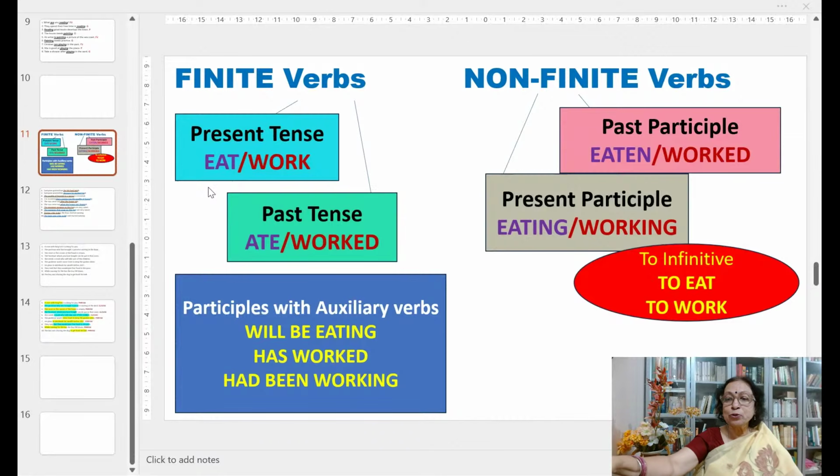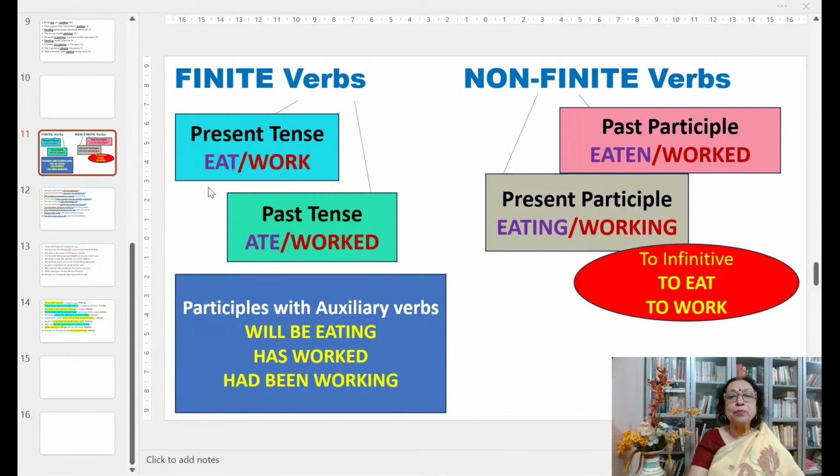Yesterday, I told you that when we use a verb in a sentence, we may not use it as a verb, we may use it as a noun, or we may use it as an adjective. These are two functions. They look like verbs, but they are not functioning like verbs.